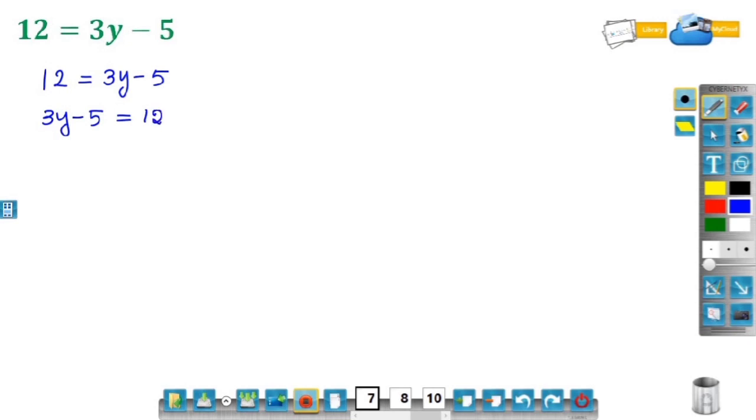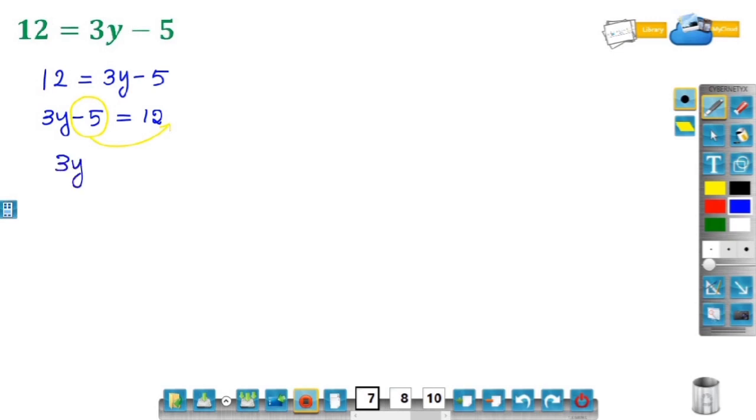So now interchange LHS and RHS. It doesn't make any difference with the signs. So 3y minus 5 is equal to 12, we can write.